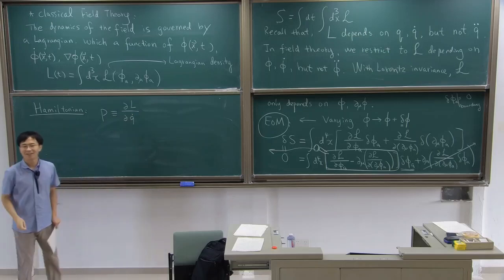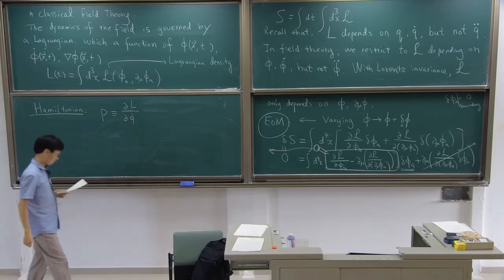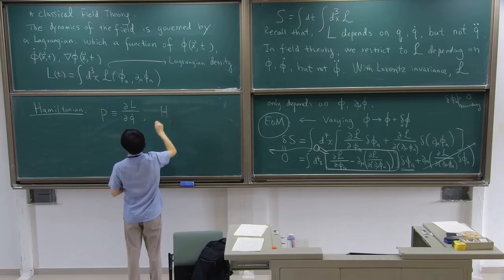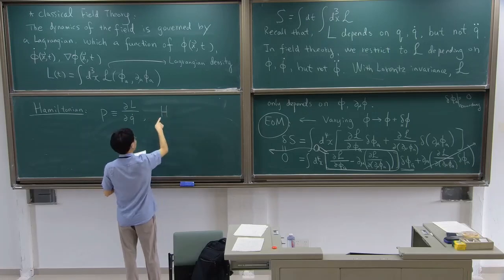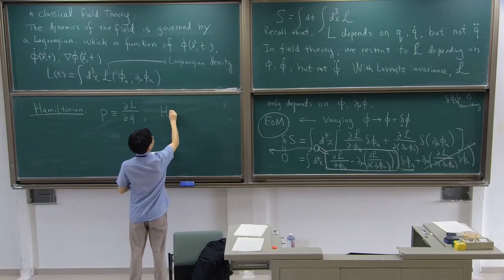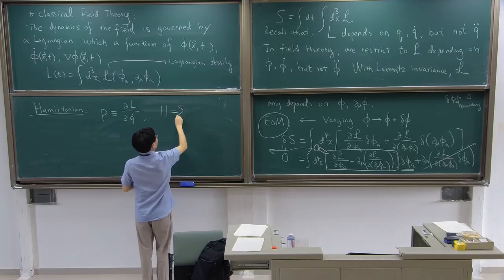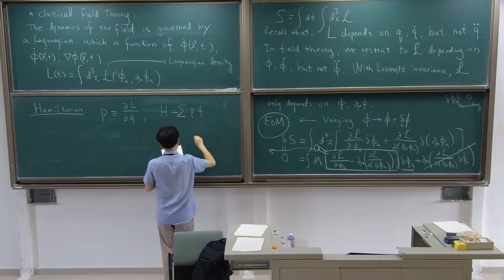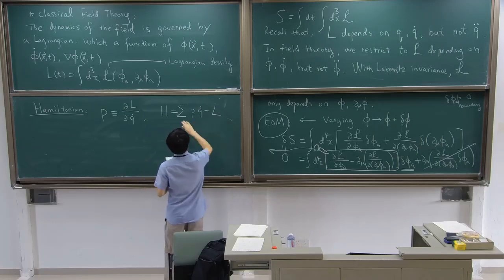Remember that? And we can also write down the Hamiltonian for the system, which is some kind of Legendre transformation, just p q dot minus L.